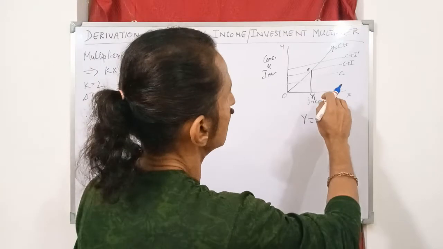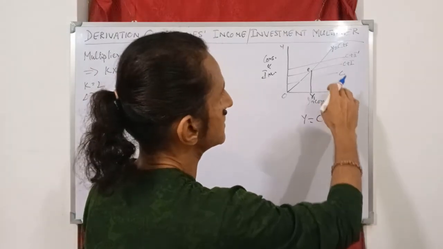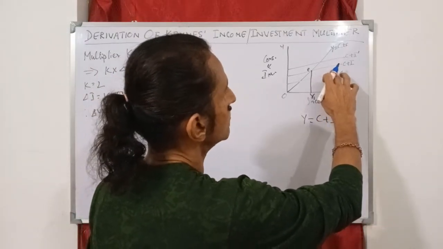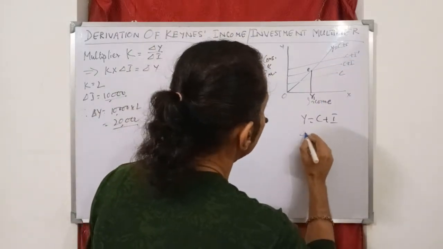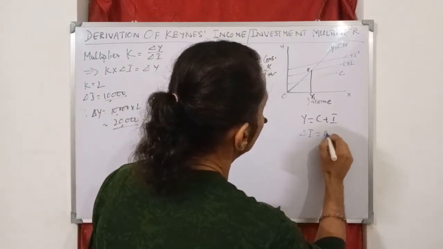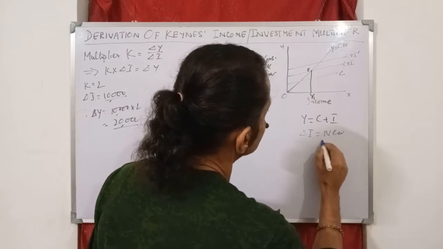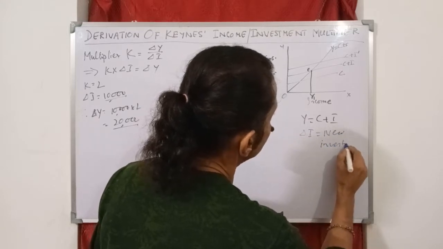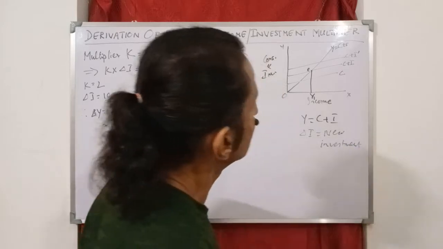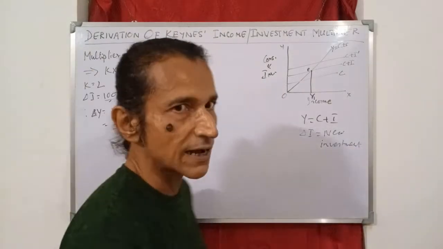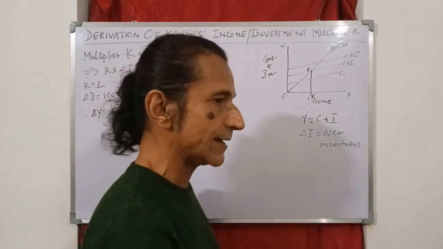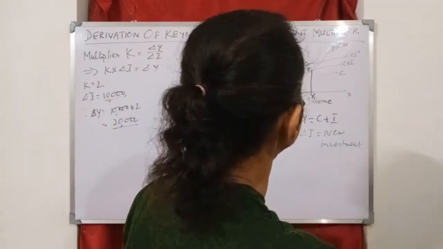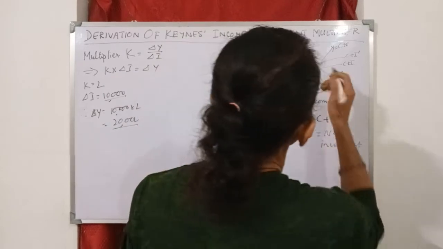Now as a result of fresh investment, C plus I line moves parallelly to C plus I dash. Delta I is the new investment, fresh investment. As a result, the C plus I line has shifted upward to C plus I dash, and that intersects the C plus S line at this point.